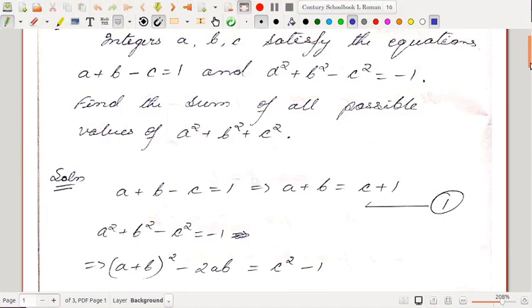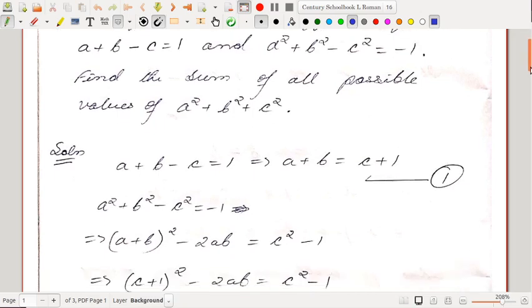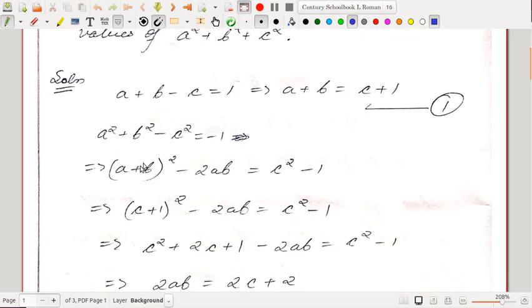So in the solution we use these two conditions: a plus b minus c equal to 1, which gives us a plus b equal to c plus 1, and using the second condition, a square plus b square minus c square equal to minus 1, we can write a plus b whole square minus twice ab is equal to c square minus 1.